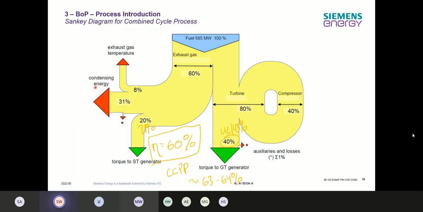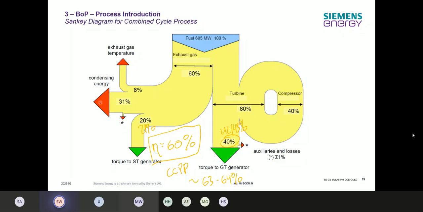And then there is one really massive part, which is the biggest part over here. This is the 31%. This is the condensing energy. So 31% over here is what we are condensing in the condenser.